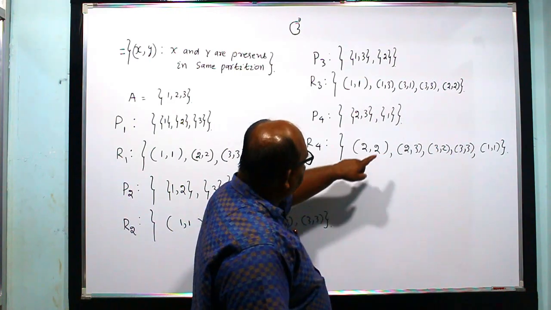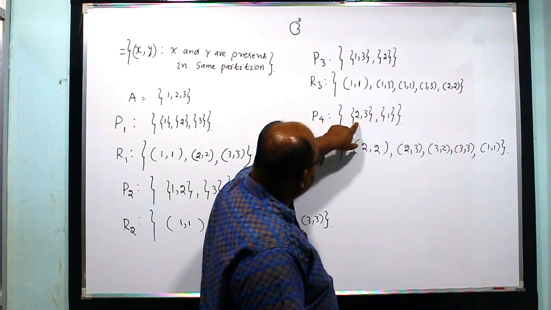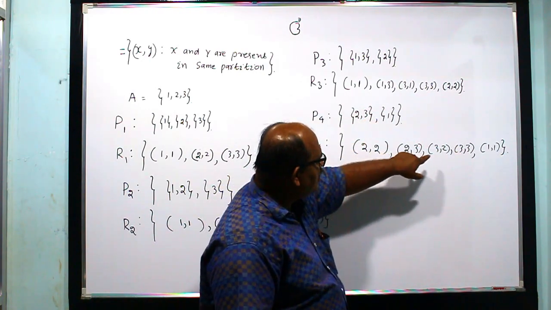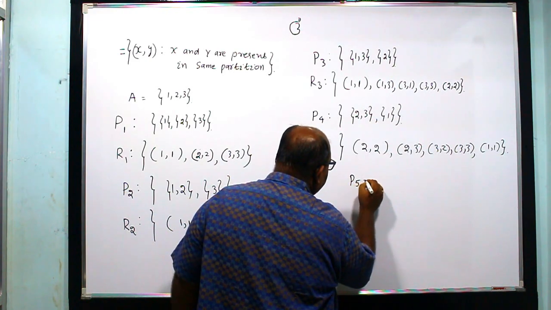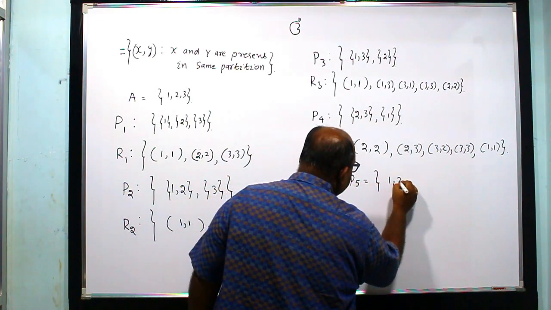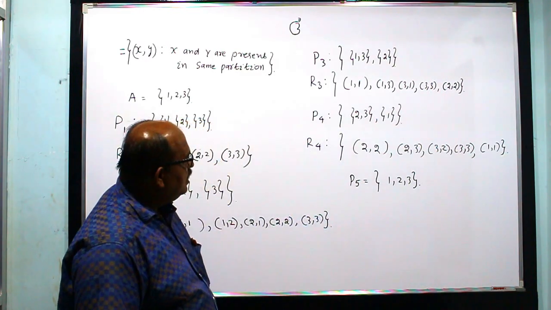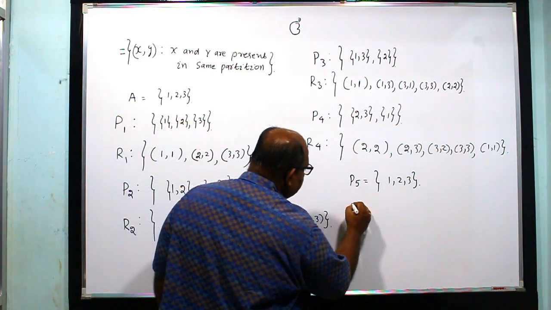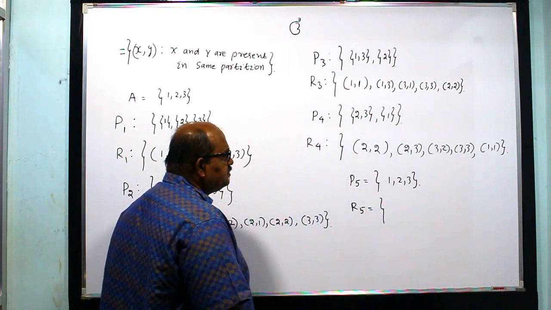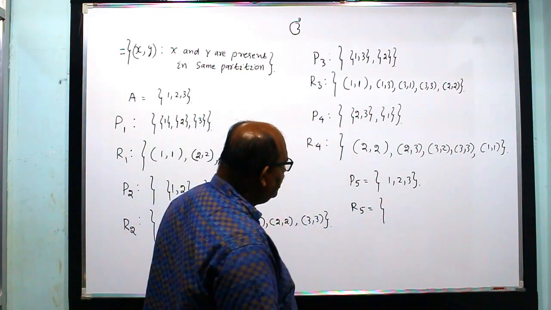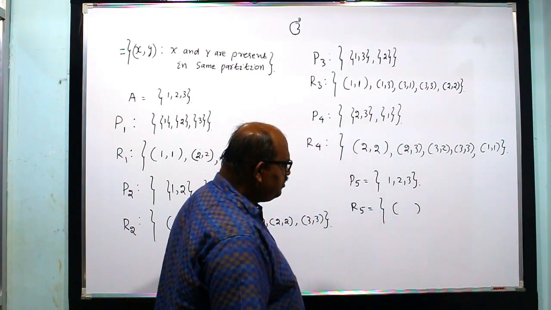If a partition contains one element, then only one ordered pair is possible. If a partition contains two elements, then four ordered pairs are possible. If a partition contains three elements, this is also a partition. Now, what is the binary relation induced for this partition? Again the same style: ordered pairs xy such that both are present in the same partition.